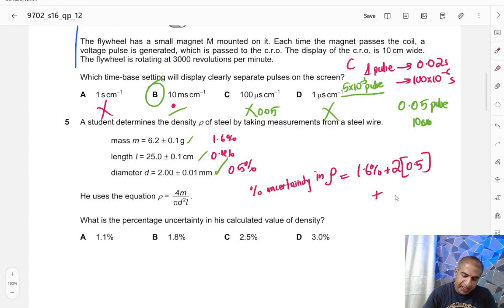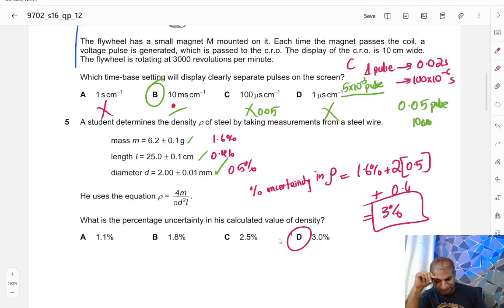So this is going to be added to the length, and there is no power to the length L. There is only one power. And so we just have to add the percentage uncertainty in length, and that is going to be 0.4%. And let's just see, 1.6 plus 2 into 0.5 plus 0.4, and that gives me 3%. So that should be the answer.